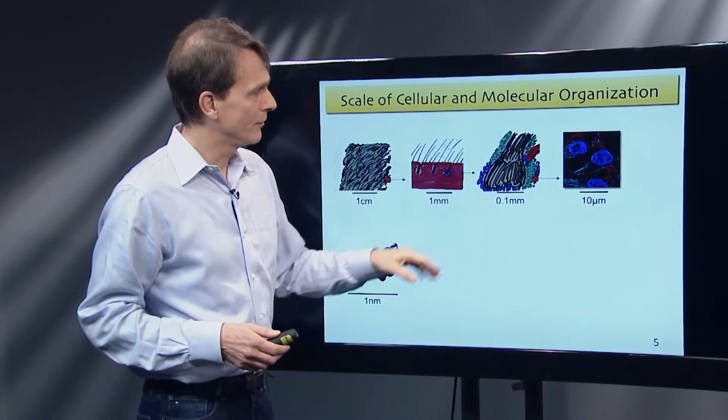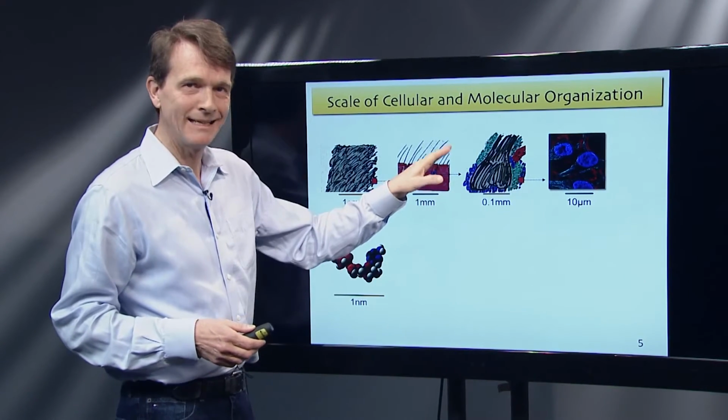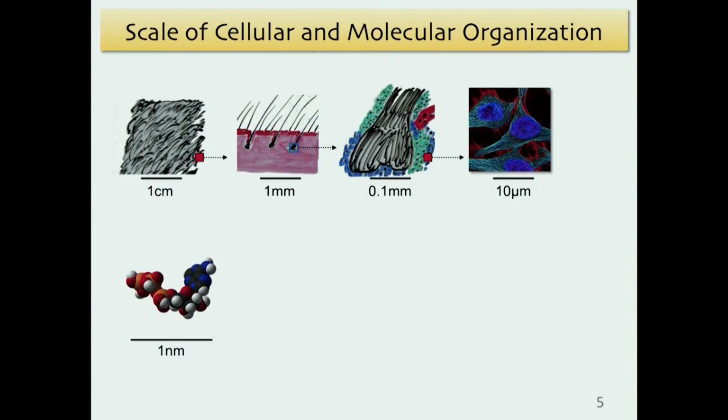Zooming in another 10-fold, you can see the hair follicle, and you're beginning to see in this slightly amateurish drawing that there are individual cells that surround the hair follicle. So there are cells that form a sebaceous gland that make the oils that cover the hair. There are cells that are support cells, if you will. Here's a little bit of a muscle cell that comes in, because when you're cold and your hair stands on end, that's when that muscle pulls on that hair.